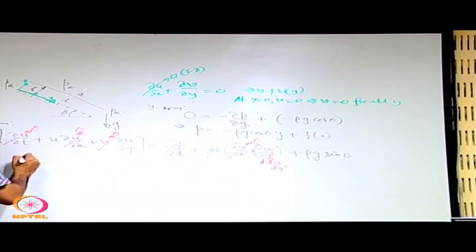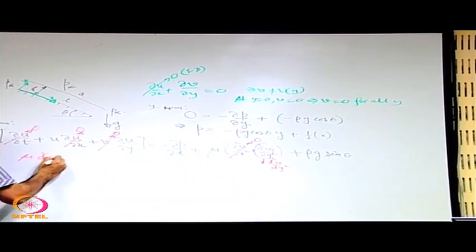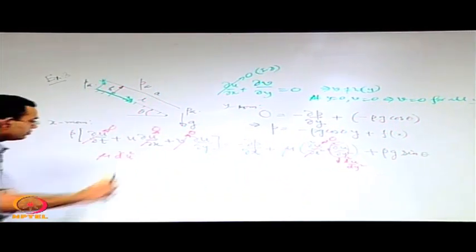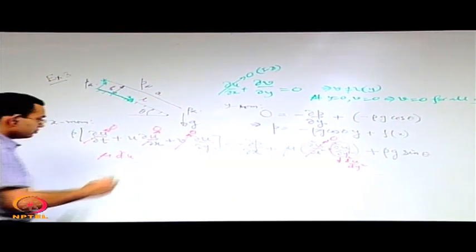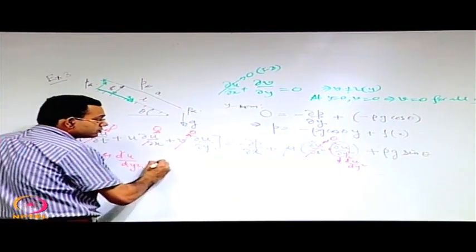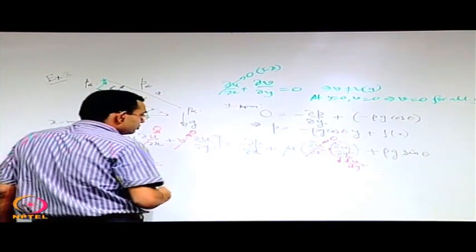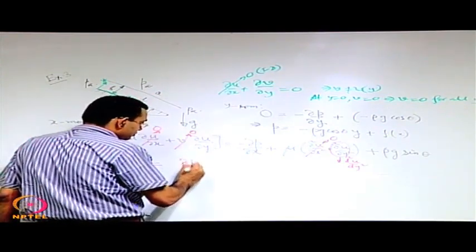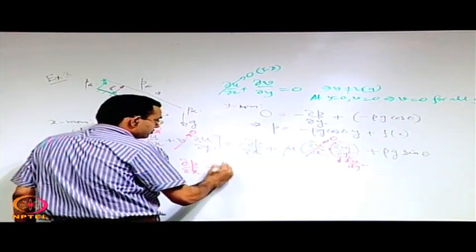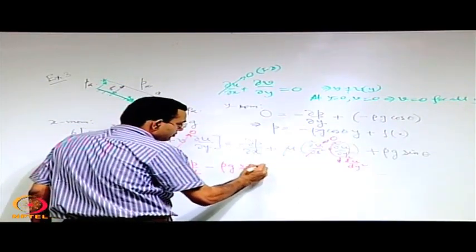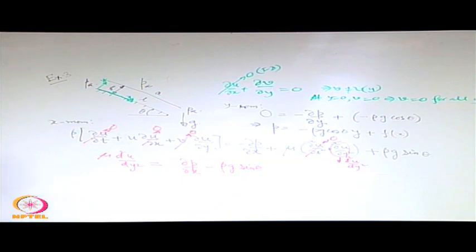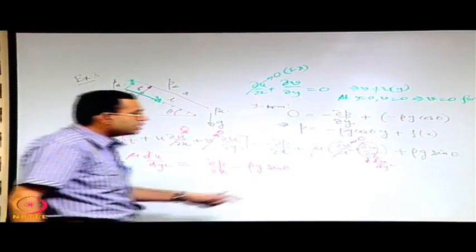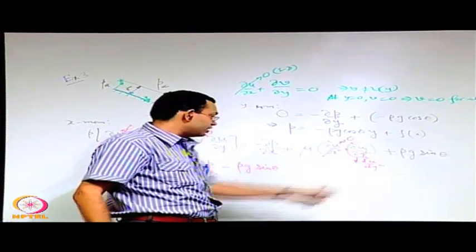So, you have mu d2u dy2 is equal to... now what is dp dx? dp dx is df dx basically.